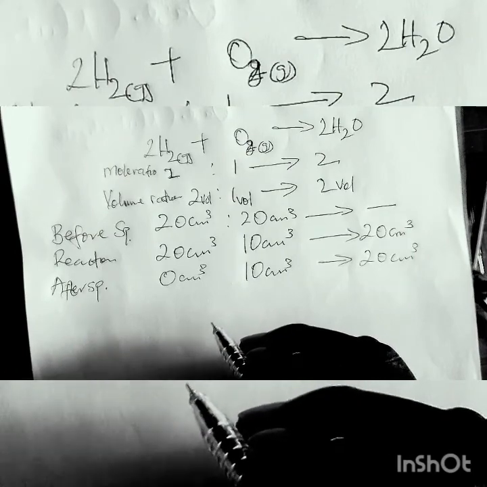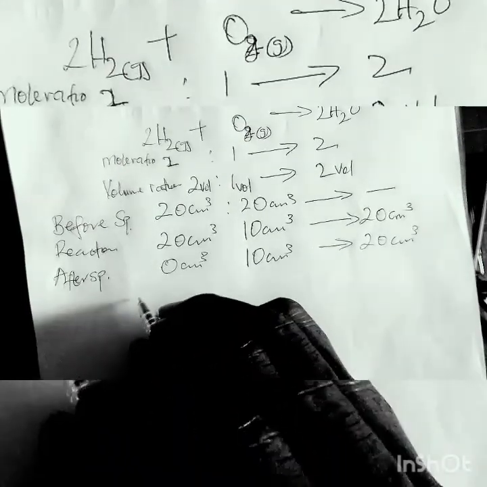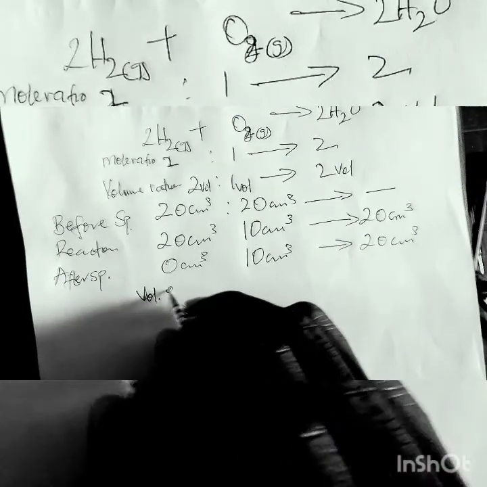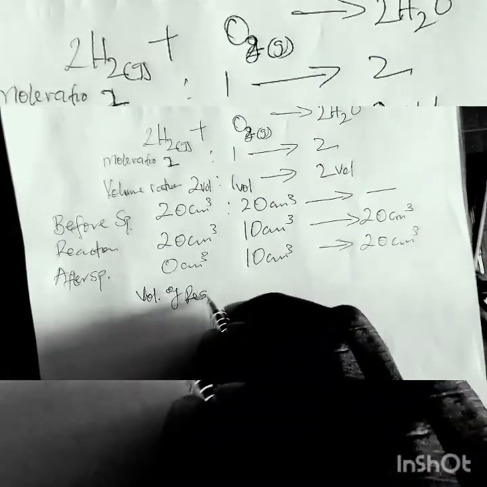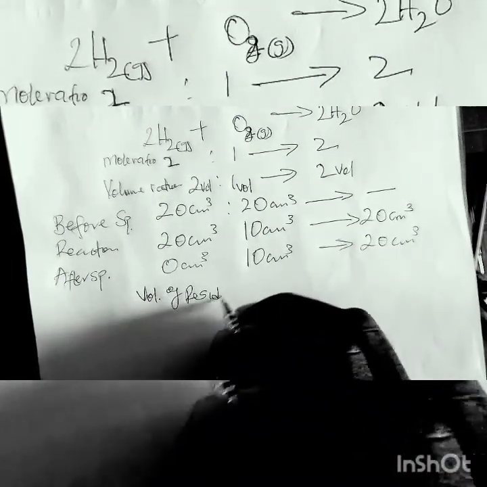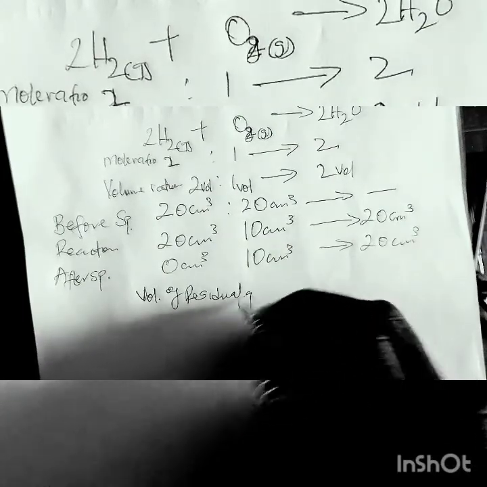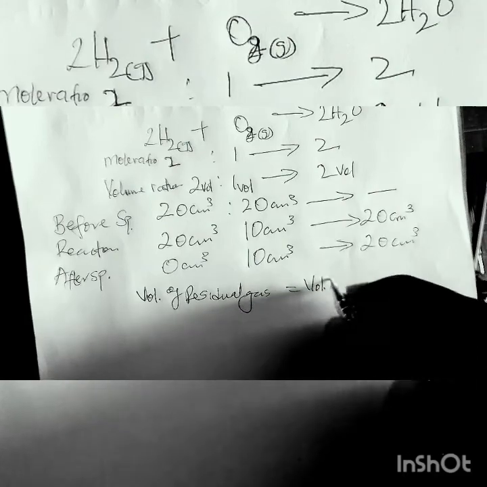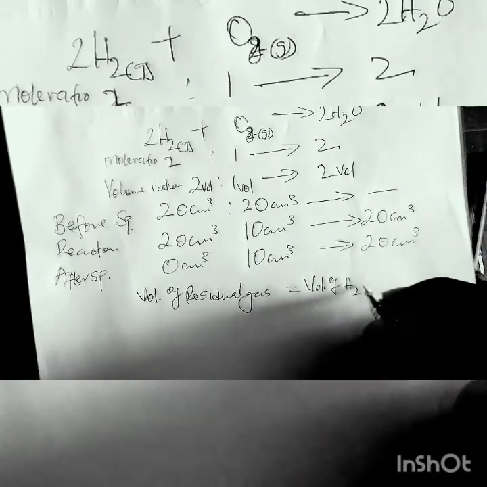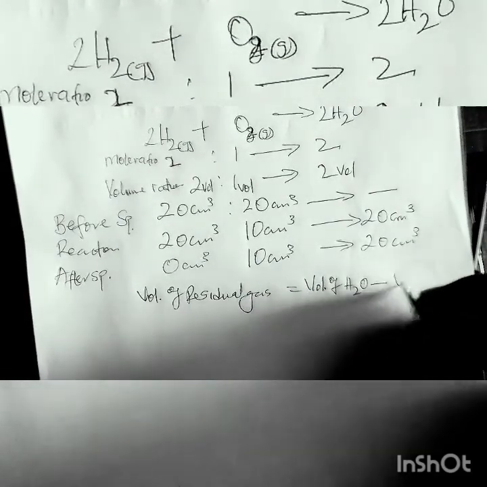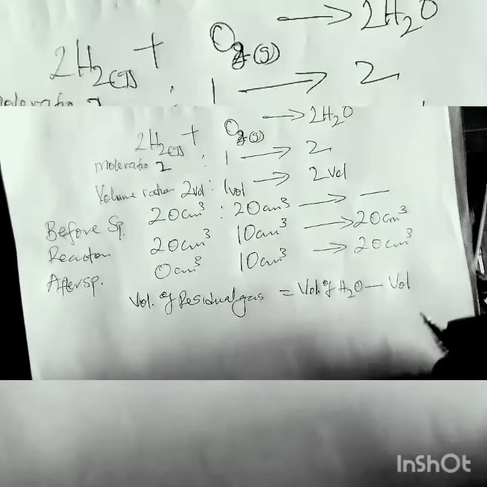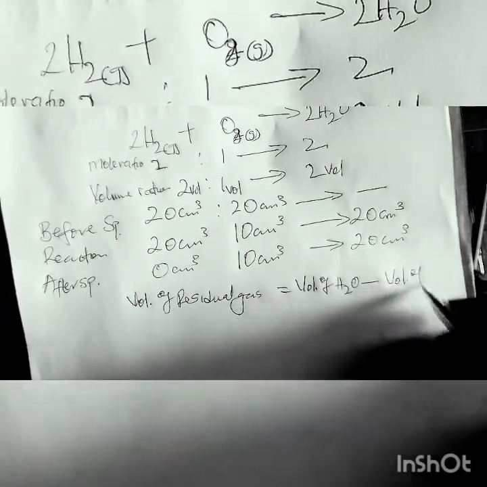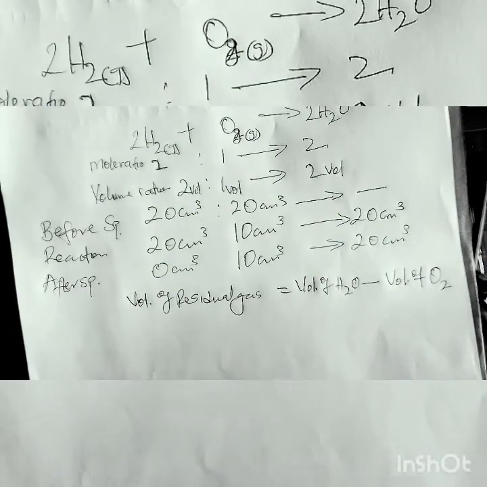Now, to calculate the volume of the residual gas, we are going to say that volume of residual gas is equal to volume of H2 minus volume of O2.